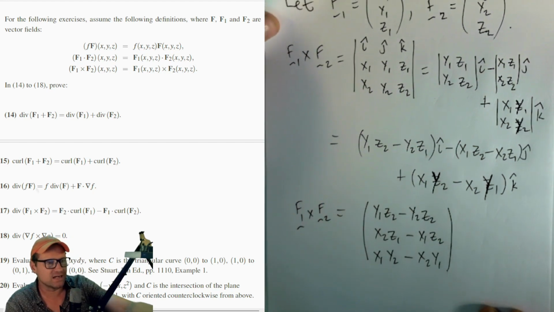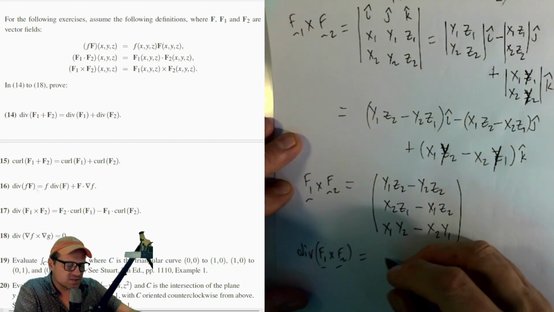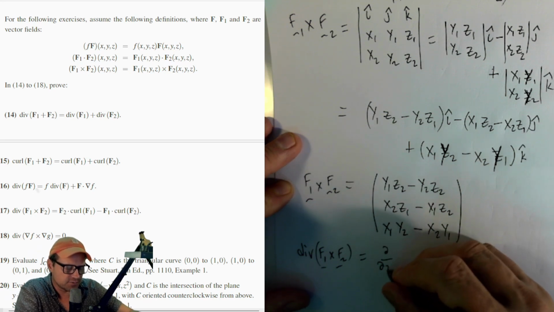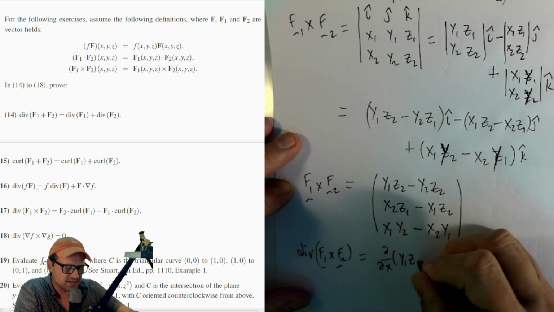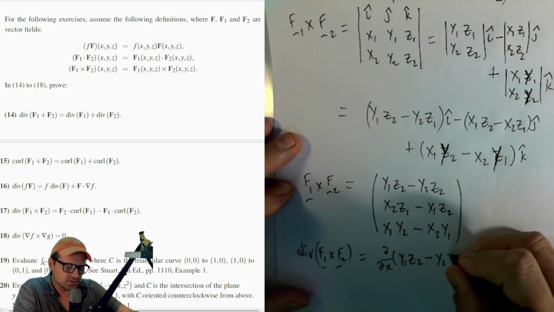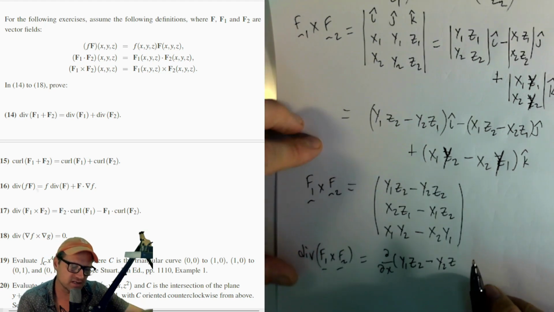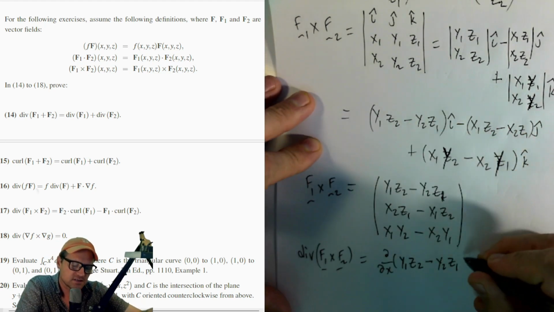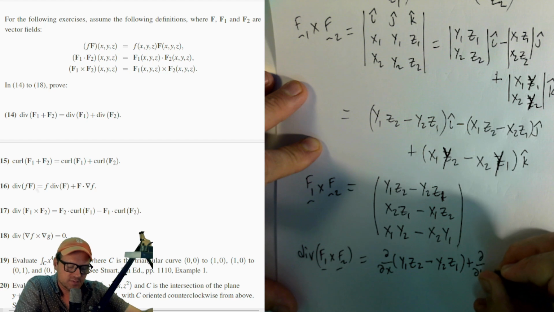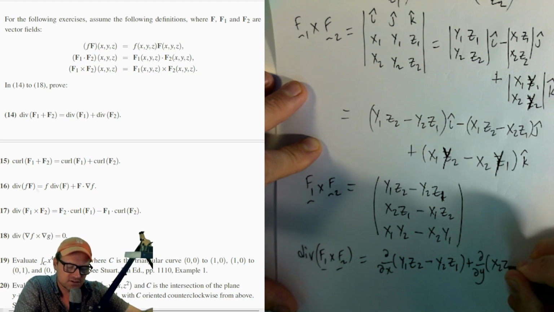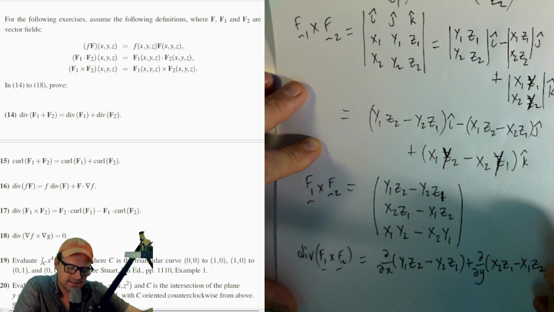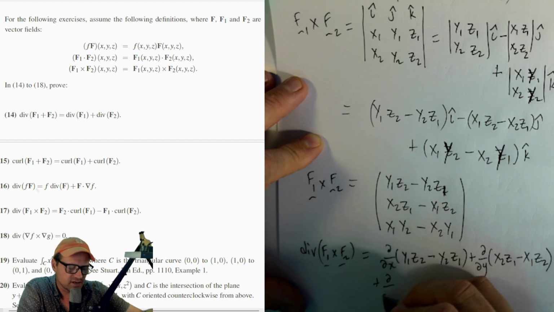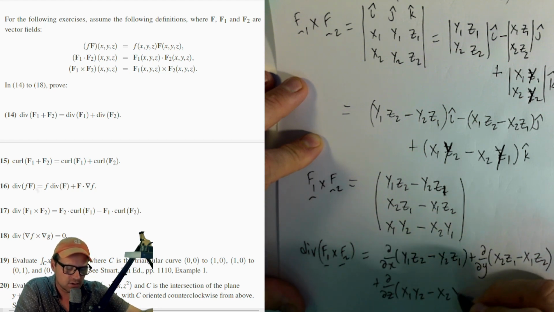And so now we want to take div of this. So we have the derivative with respect to x of y1 z2 minus y2 z2. That should be z1, shouldn't it? Yes, z1, plus the derivative with respect to y of x2 z1 minus x1 z2, plus the derivative with respect to z of x1 y2 minus x2 y1.